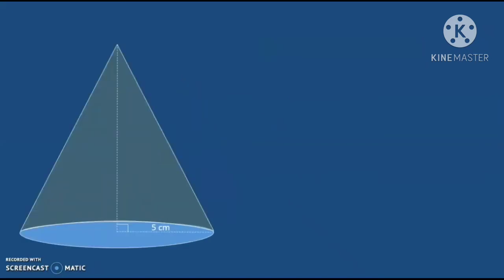Well, if we have memorized our surface area of a cone formula, then we can just start by writing that out right here. The slant height, or s, is 7 centimeters. Good.